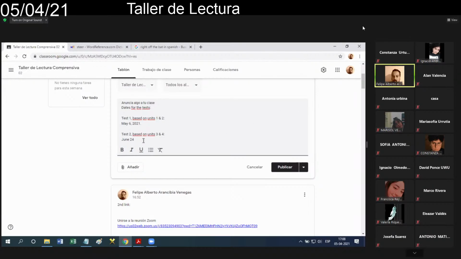So after June 24th, if you pass, if you get a nice score, I mean, test number 1 plus number 2 equals, and then divided into 2, and you've got an average over 4, you can say that you have passed the course. Over 4, sobre 4, okay? And then special tests, pending tests, and exam, the exam, only one. 2021. Test number 1, test number 2.